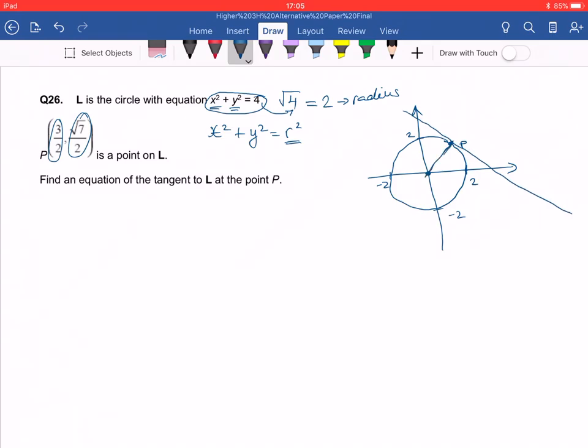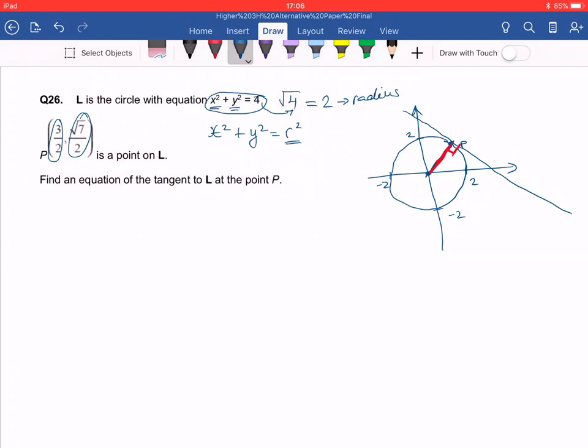Now, if I draw a radius here, I know from circle theorems that the radius forms a 90-degree angle when it meets the tangent at the circumference. Now I've got a 90-degree angle here, and straight away when I think about 90 degrees, I think about perpendicular lines.